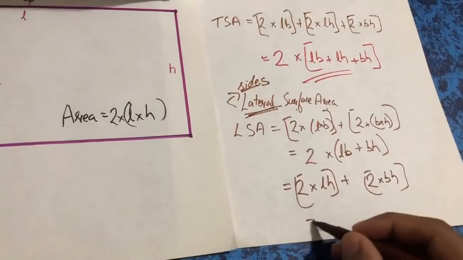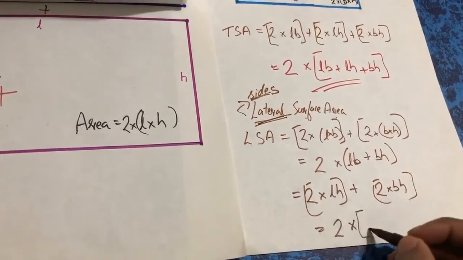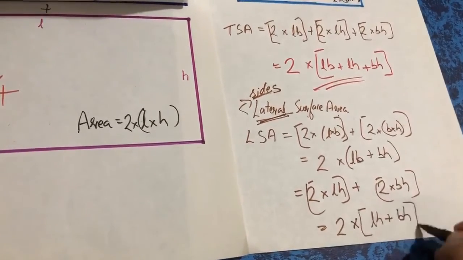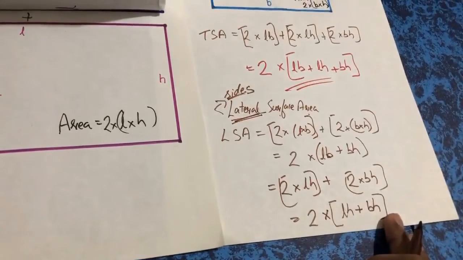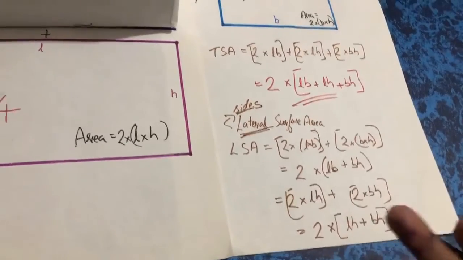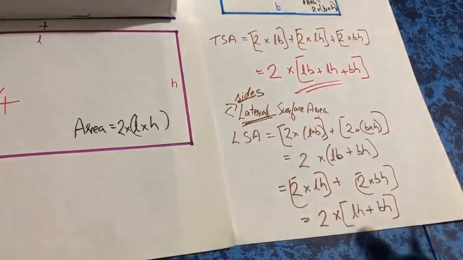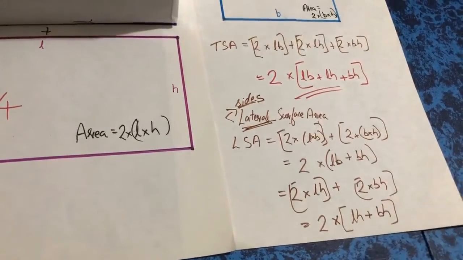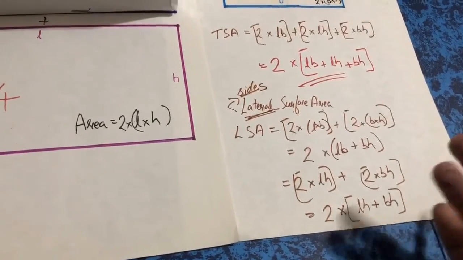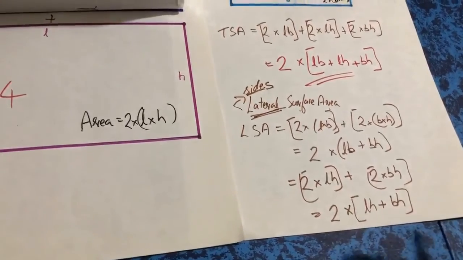What will it be? 2 is common, so 2 into LH plus BH. Do you see that? So it depends on what you take as a base and what you take as a top, which side you consider. So don't jump and use the formula when you see a question. Look at the question, look at the figure and see what they are talking about.